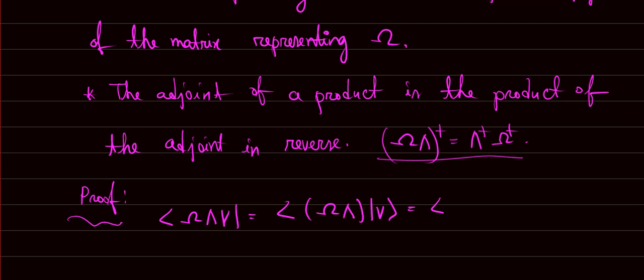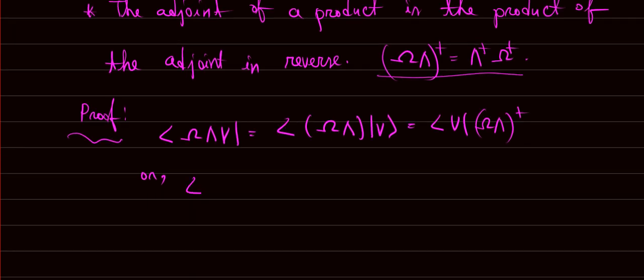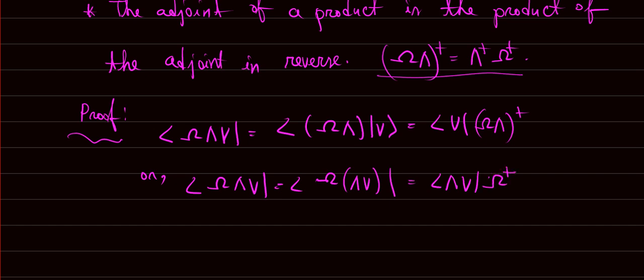So by the definition of the adjoint operator, this is like this, or the same thing can be written like this.